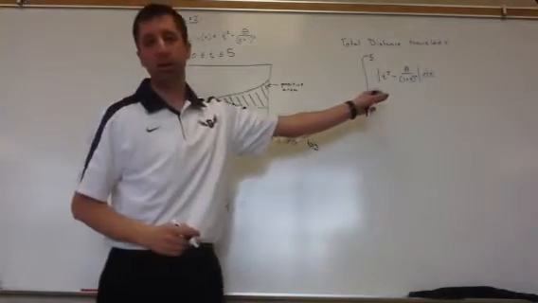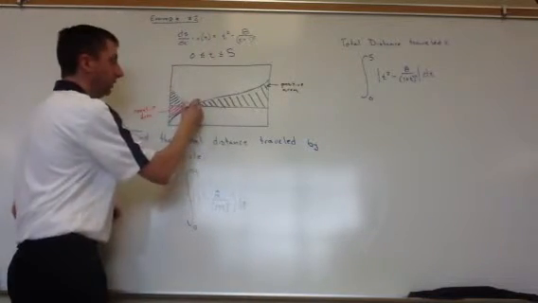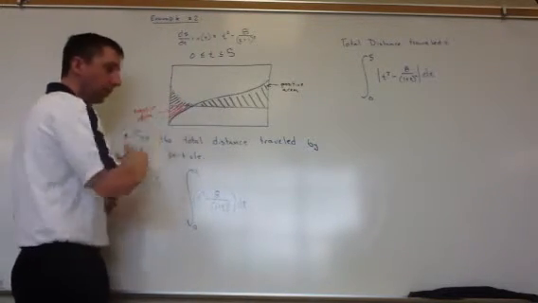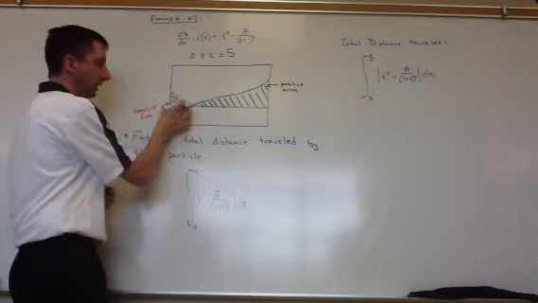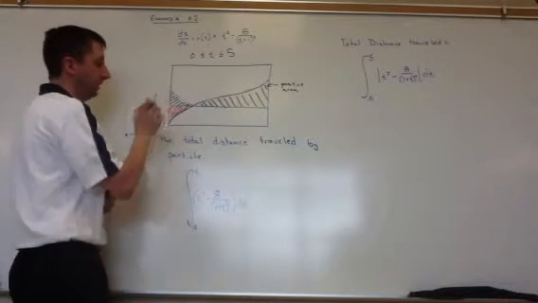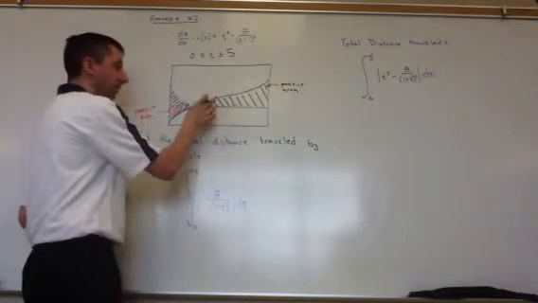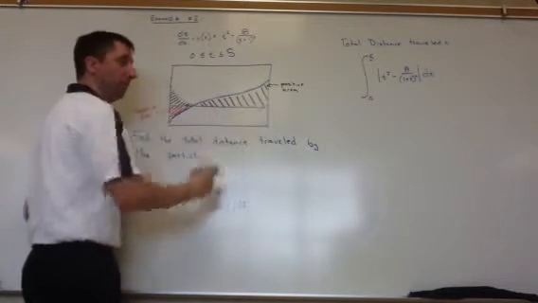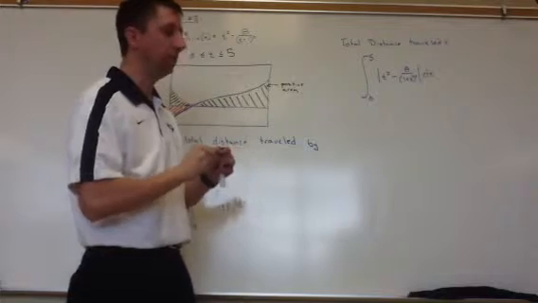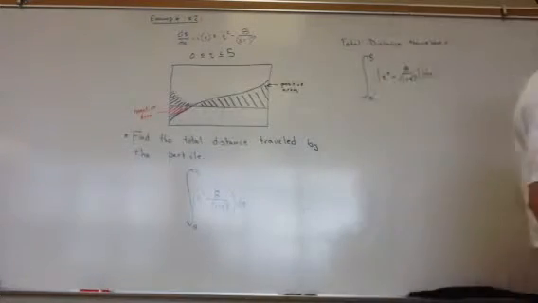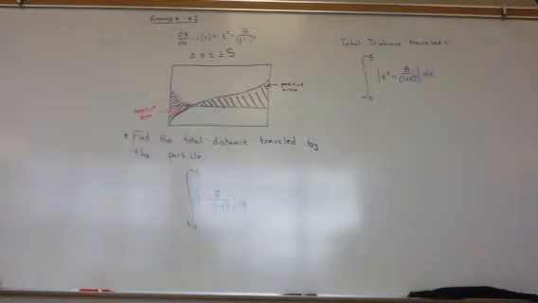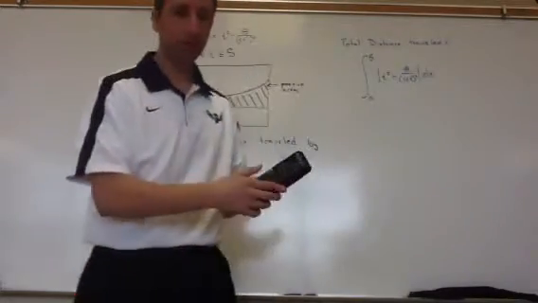Now, to integrate this, I could find this point of intersection where it crosses my axis, integrate from 0 to that point, and then take the opposite of the area and then add from this point to 5. But really what we can just do is take out our calculators. I had mine sitting on my desk.